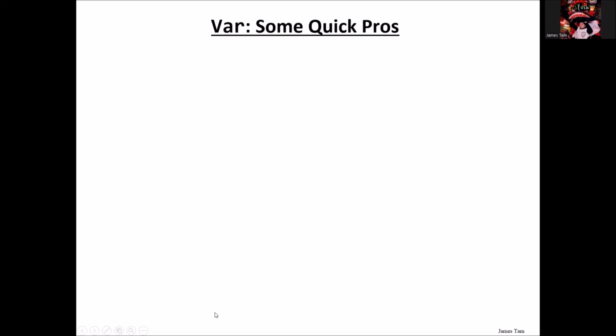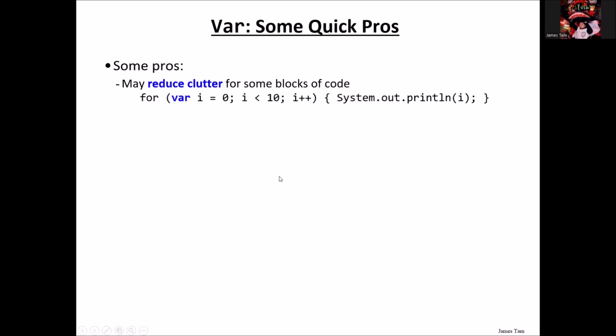There are some advantages, so I'm trying to present you with a balanced view of this. I don't necessarily agree with this particular example I found here, but I looked for other people's views of advantages: it might reduce clutter. Now, this is a Java for loop, which is basically implementing the same thing as a Python for loop. You haven't seen the syntax of it, but essentially it's counting from 1 to 10, increasing i equal to i plus 1.